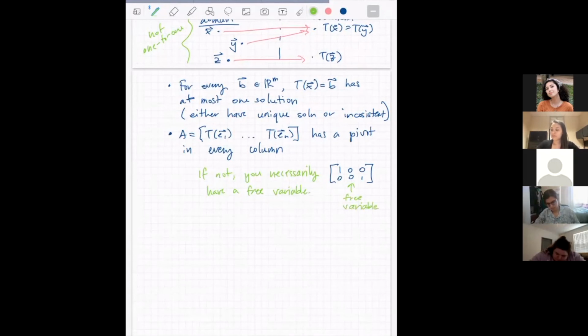Then if you have a free variable, you get this parametric solution and infinitely many solutions.